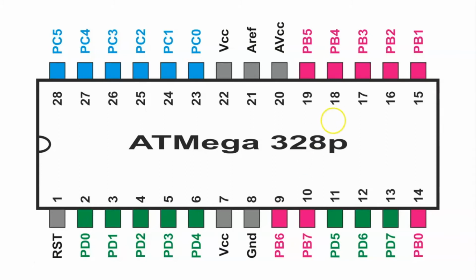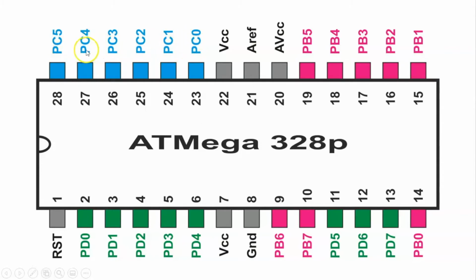The pins which are in port B are indicated here. PB0 is the first pin, then PB1, PB2, PB3, PB4, PB5, PB6 and PB7 are the 8 pins in port B. Similarly, in port C there are only 6 pins, PC0, PC1, PC2, PC3, PC4 and PC5.